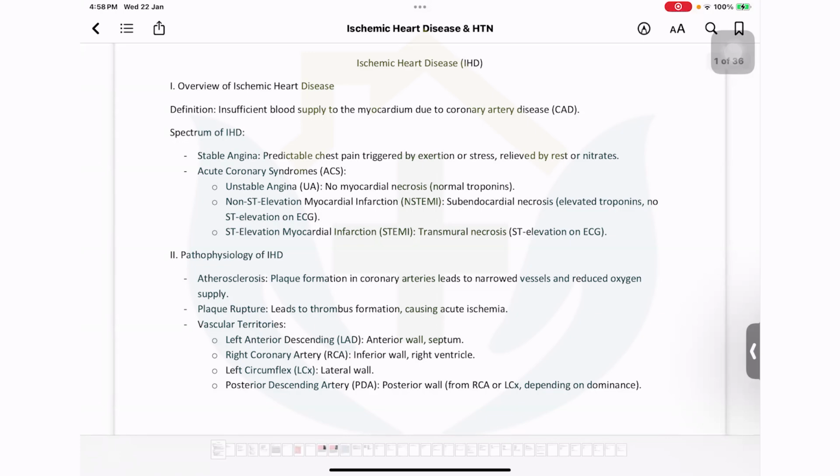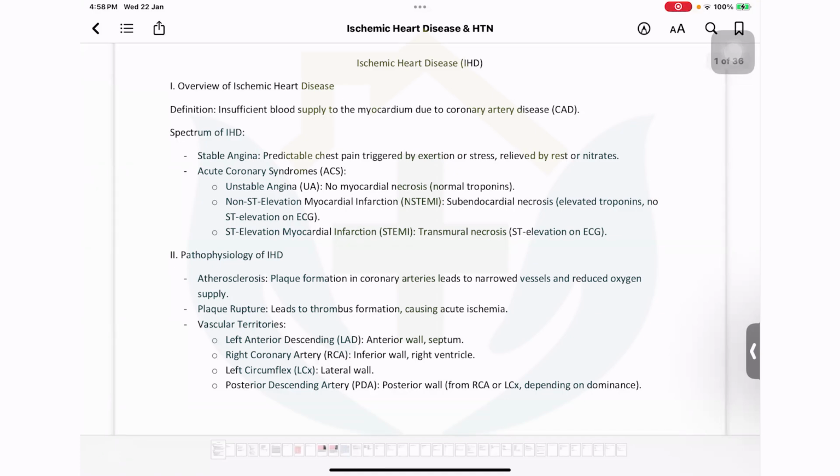Then there is non-ST elevation MI, non-STEMI, where there is necrosis but not full-thickness necrosis. There is subendocardial necrosis. Starting from the outside, it is pericardium and epicardium, myocardium, endocardium, and then the cavity of the ventricle. Starting from the inside, we have the cavity of the ventricle, then endocardium, myocardium, and then epicardium.